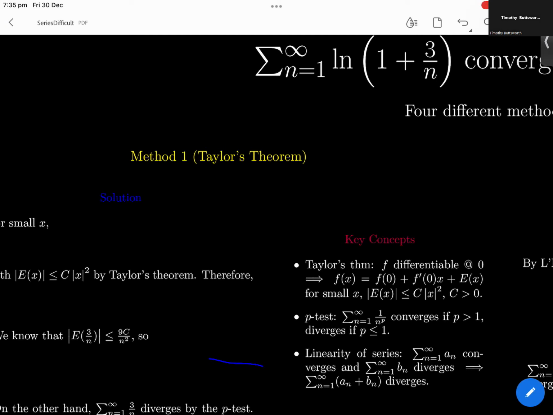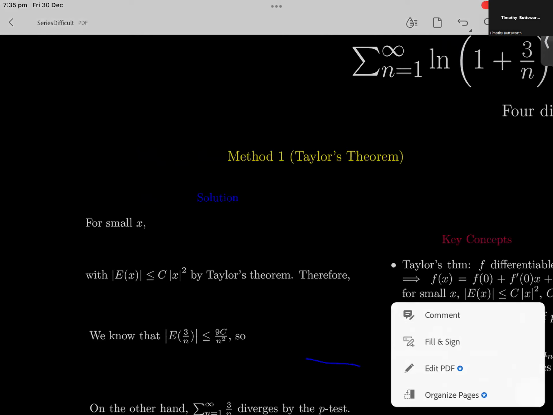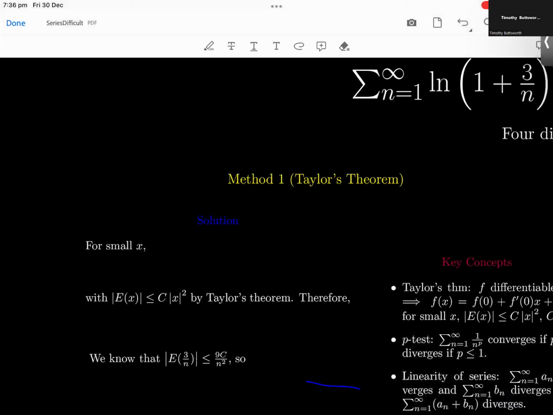We don't know too much about this error term, except we do know that its absolute value vanishes to second order for small x. So I've written that as the absolute value of e of x is less than or equal to c times the absolute value of x squared. All right, well, let's get to applying this theory to our question here.